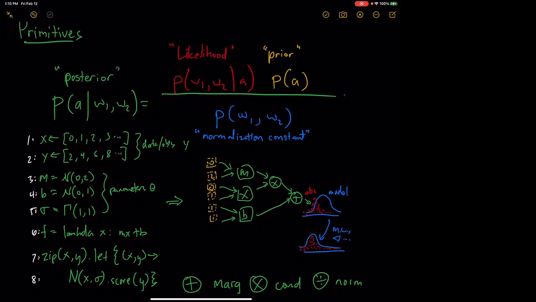So here we pass it through this defined function. We assume it's a linear relationship between these variables, and then we have to score the observations.